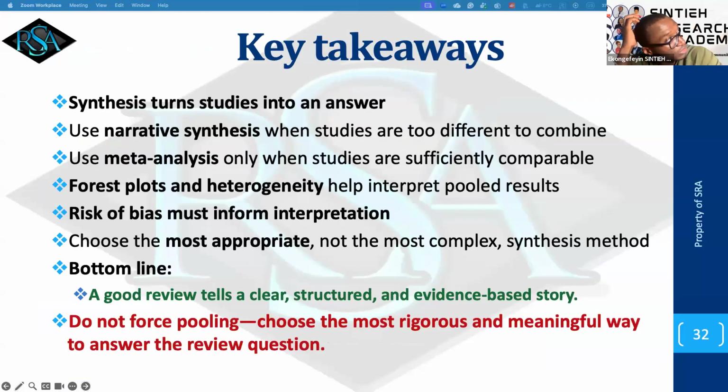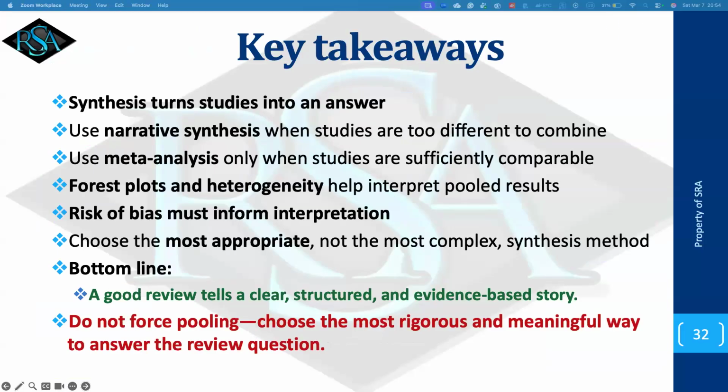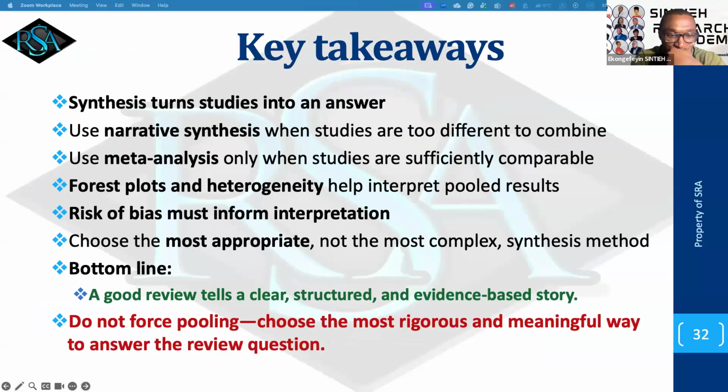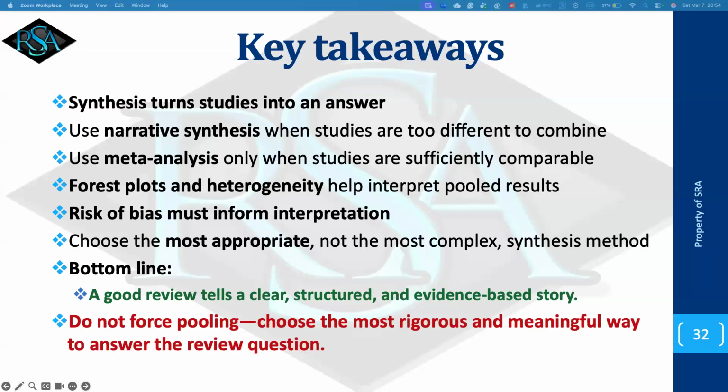Joseph, can you read the key takeaways for today? Synthesis turns studies into an answer. Use narrative synthesis when studies are too different to combine.